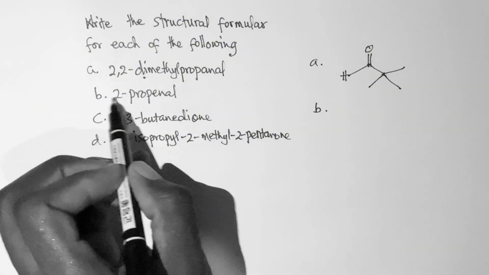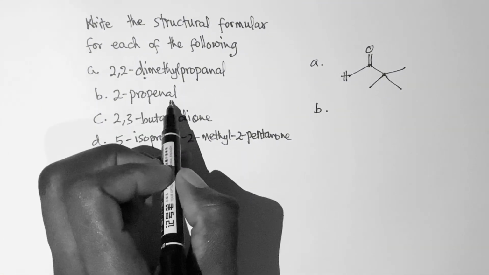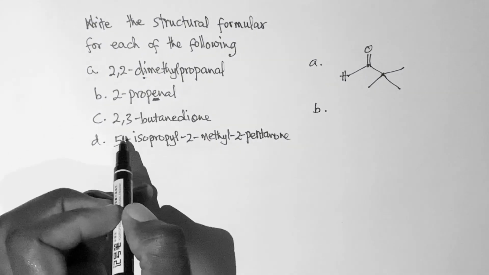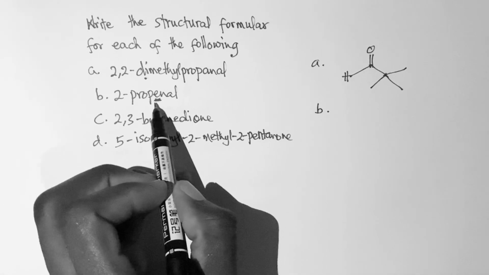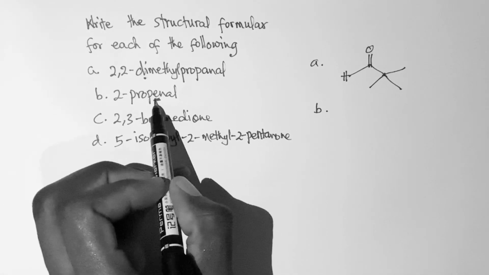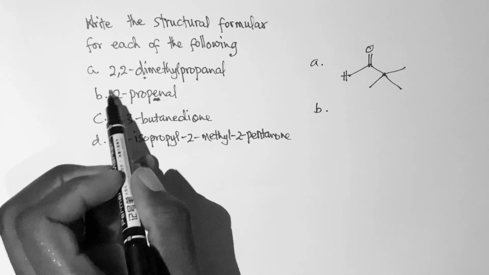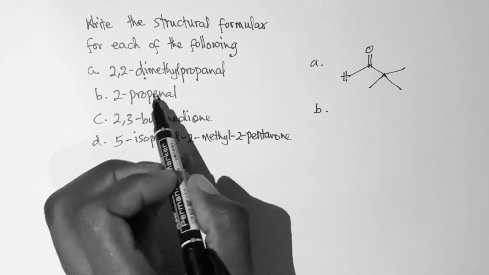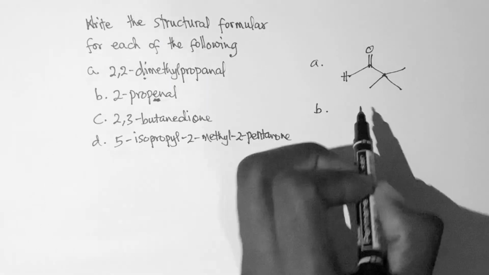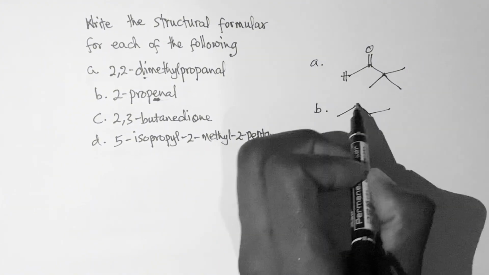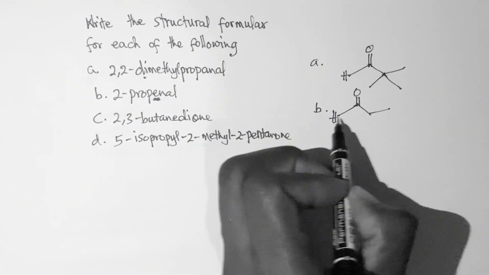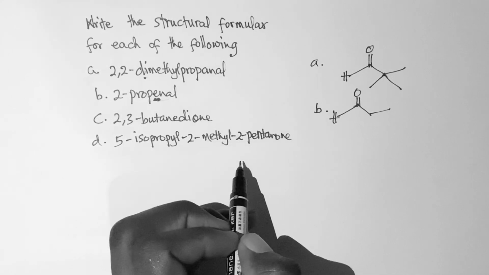And then the B part says 2-propenal. Now, because of this ene, we can know that there is an alkene functional group in this molecule, and the alkene is on carbon number 2. So let's first draw a propanal, the one we drew initially. So 1, 2, 3. This is a propanal.